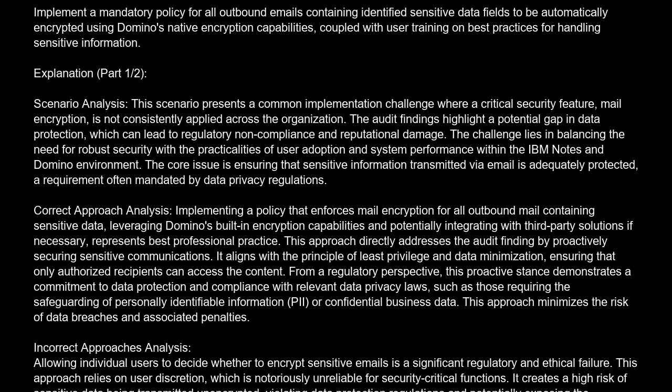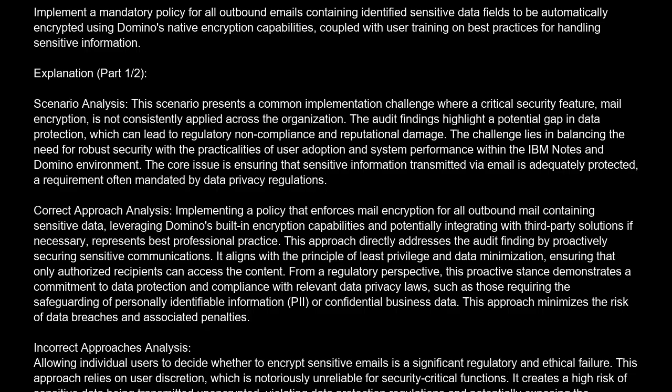From a regulatory perspective, this proactive stance demonstrates a commitment to data protection and compliance with relevant data privacy laws, such as those requiring the safeguarding of personally identifiable information, PII, or confidential business data. This approach minimizes the risk of data breaches and associated penalties.